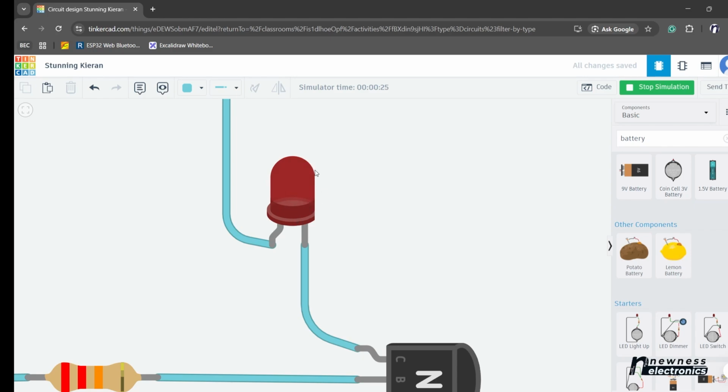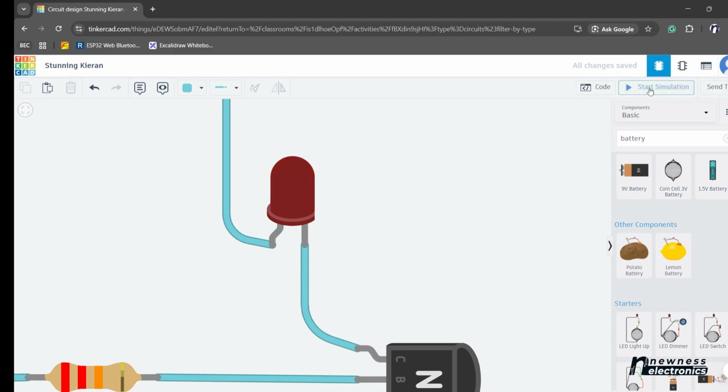It's coming on gradually. 30 seconds. It's halfway on. And by around 40 seconds, it's almost fully on.